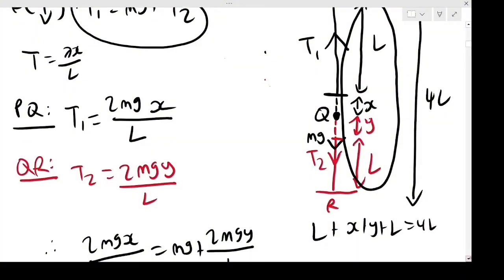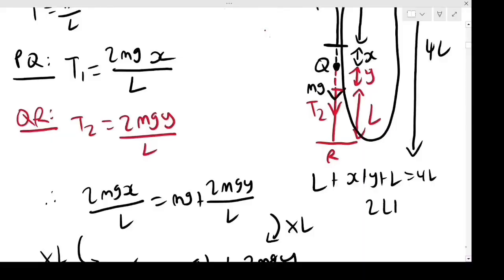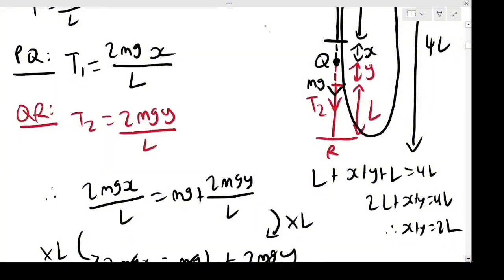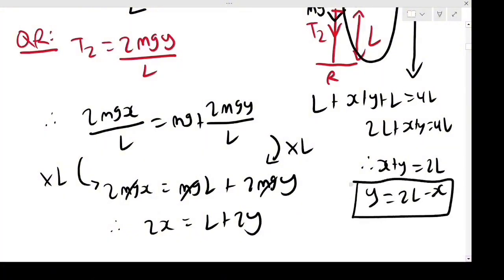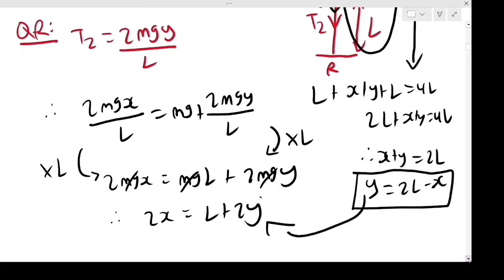So hopefully you can see, if 2L add X add Y is 4L, therefore X plus Y is going to be 2L, right? And so we can rearrange. So let's say Y is 2L minus X. So what I can do there is sub Y into the equation I've got here.